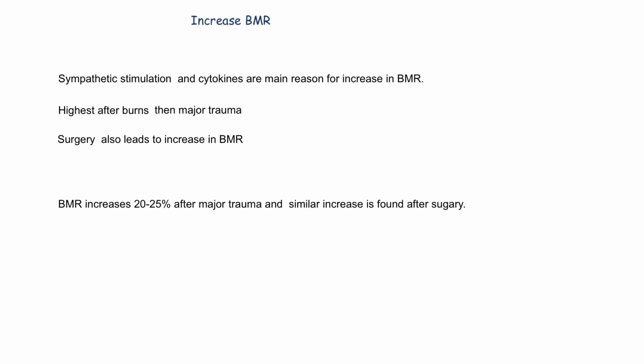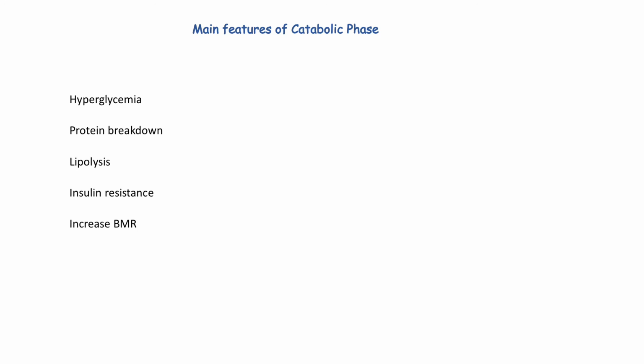Major trauma can result in 20 to 25% increase in BMR, and similar increase is observed after major surgery. So main features of catabolic phase include hyperglycemia, protein breakdown, breakdown of lipids, insulin resistance, and increase in basal metabolic rate.